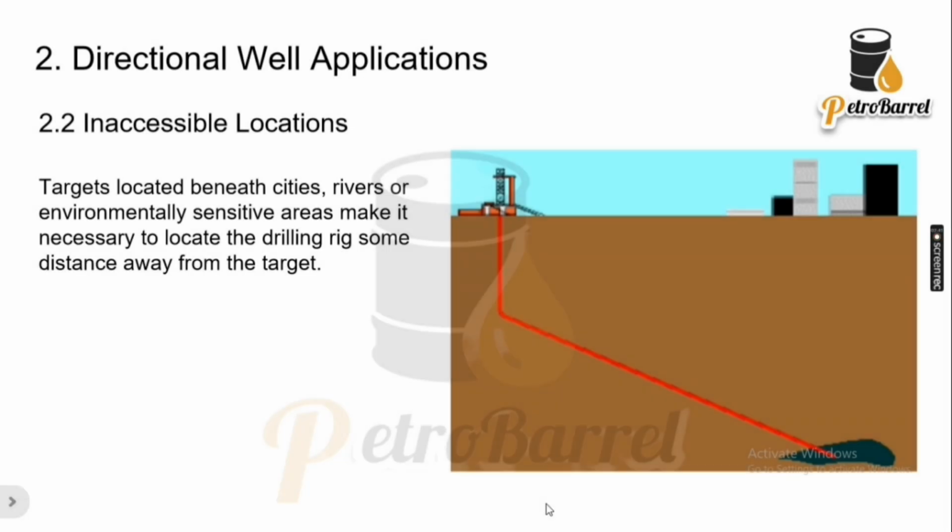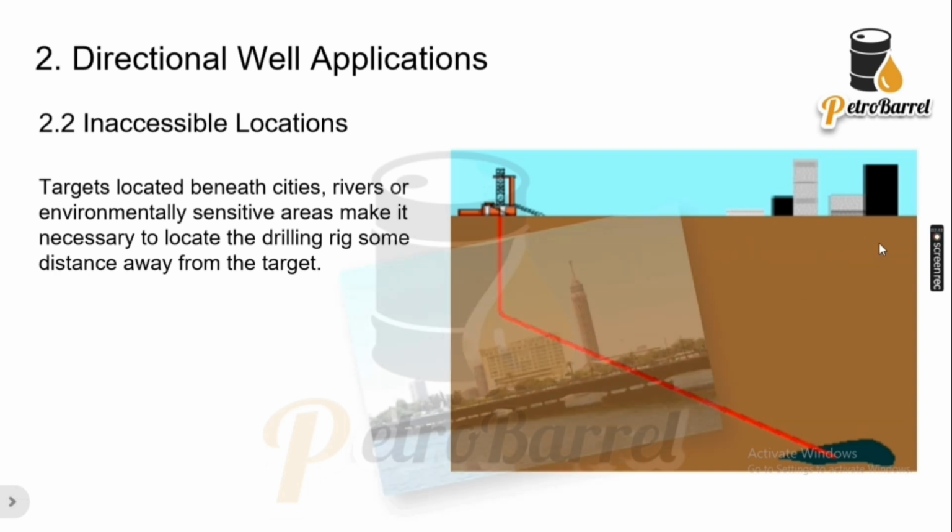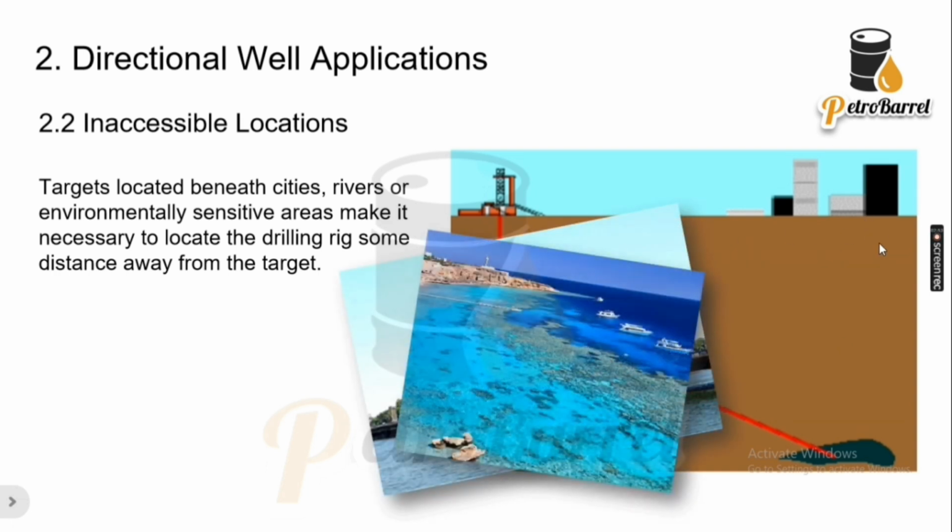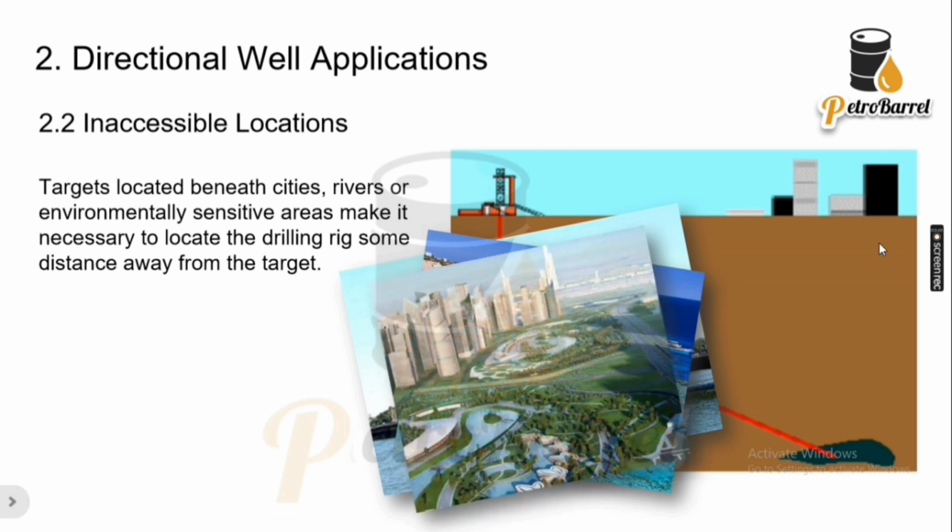The second application of directional drilling is inaccessible locations. For example, if you have an oil reservoir below a big city, for example, Cairo, or below a tourist place, for example, Ras Muhammad or Sharm el-Sheikh, or below very huge buildings like the Administrative Capital.